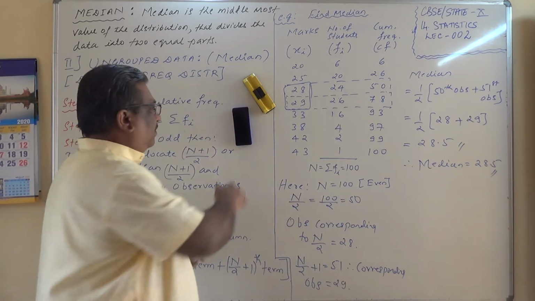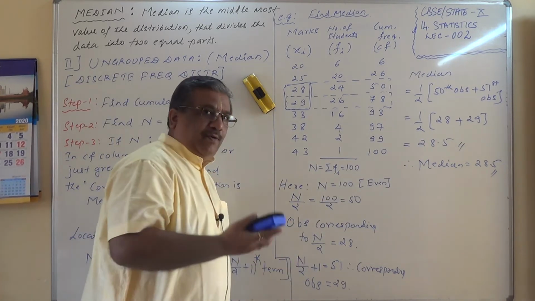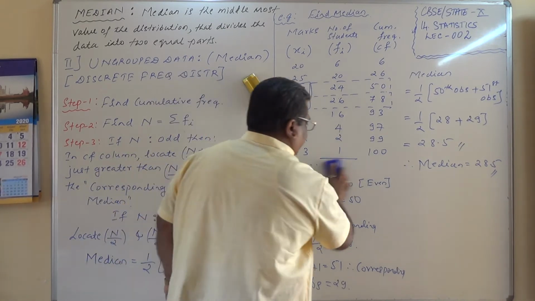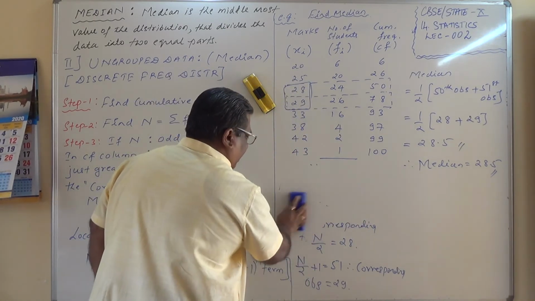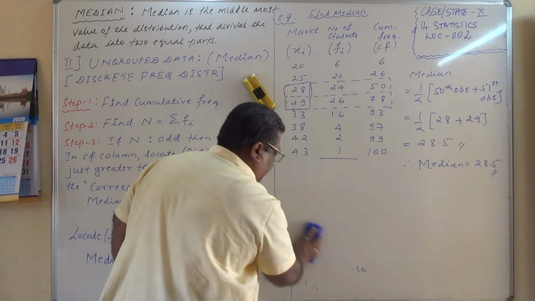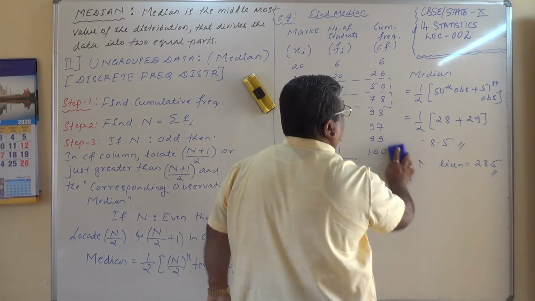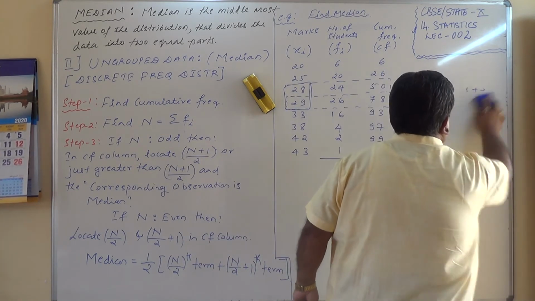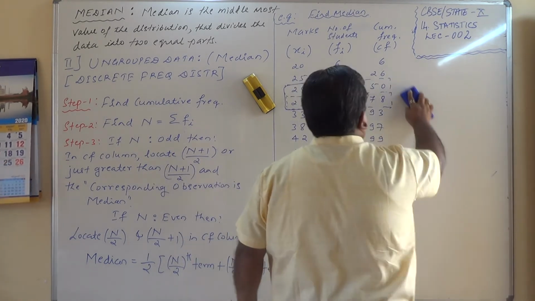Let us see what happens. Okay, so shall I erase everything now? I hope you must have noted down. I'm changing the data a little bit and we'll try to find out the median in this case. Let us see.